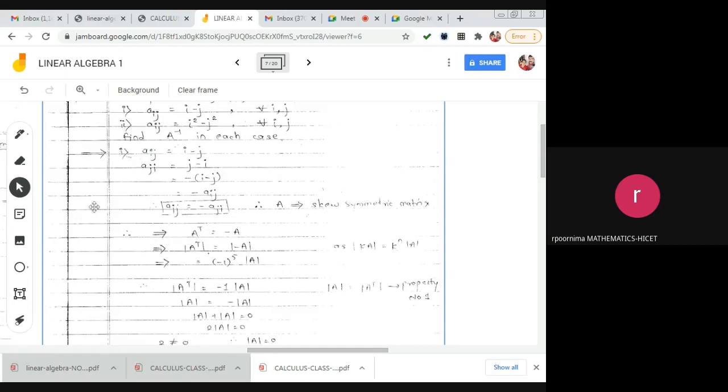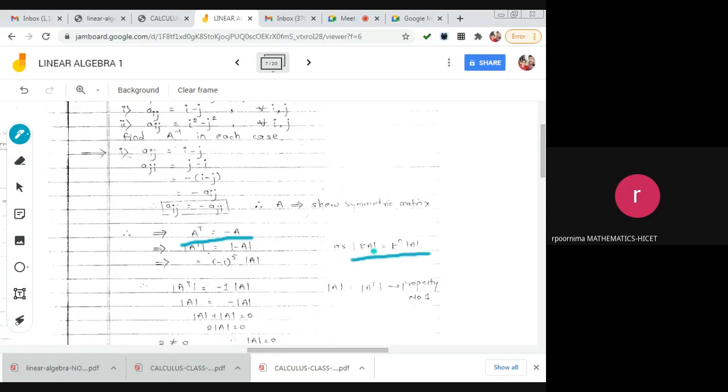That means A transpose equals minus A. So determinant of A transpose equals determinant of minus A. You can use this property: determinant kA equals k power n into determinant A. Here in the place of k we will be having minus 1. So minus 1 whole power 5, okay, because of order 5, a 5 by 5 matrix.